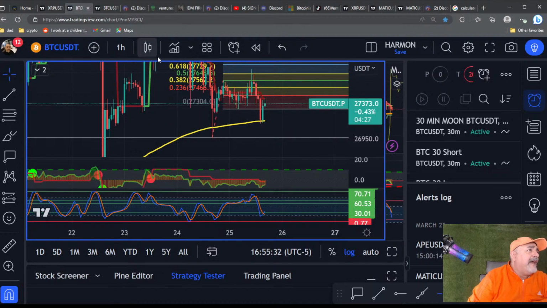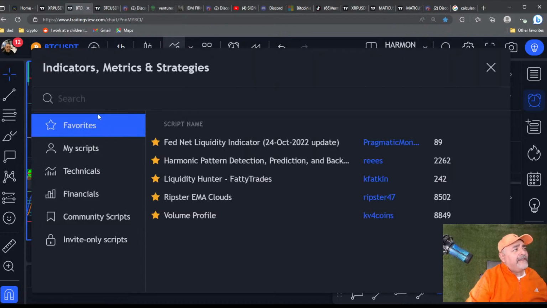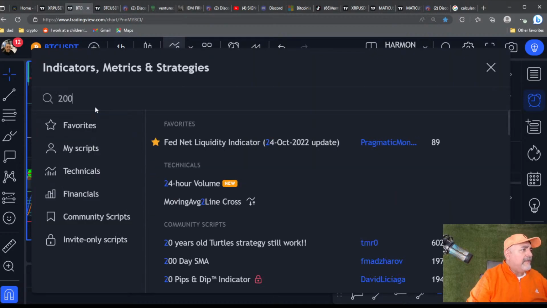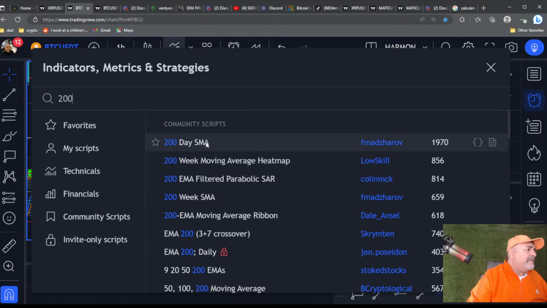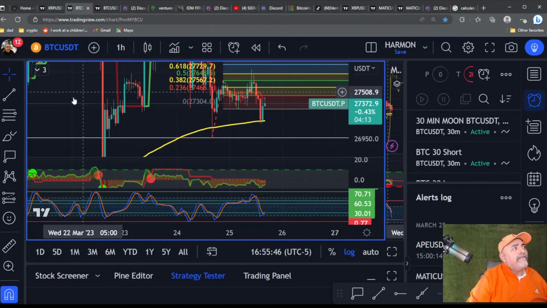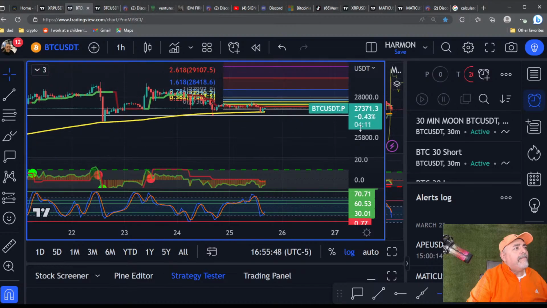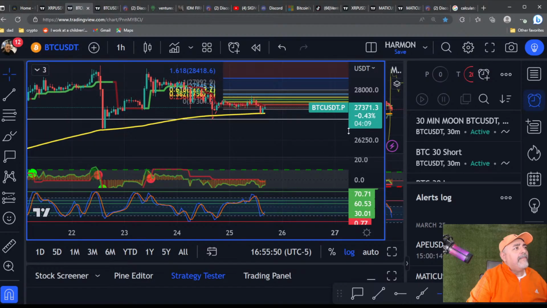As an indicator, guys, you can just go to indicators, type in 200 moving average right there, and pull that up. That'll give you a 200 moving average.